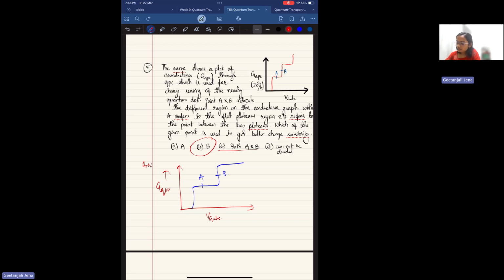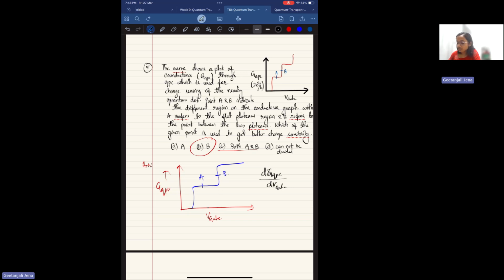So if you plot the variation of conductance as a function of the gate voltage, in the flat region there is no variation of conductance, right? So that means dG_QPC over dV_gate will be flat for point A. But around point B, the conductance is changing rapidly.